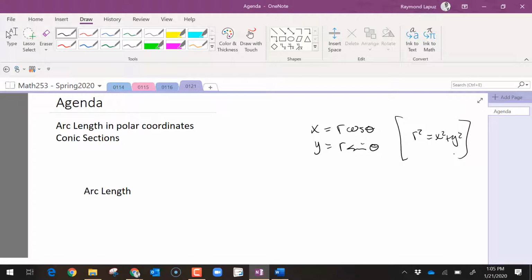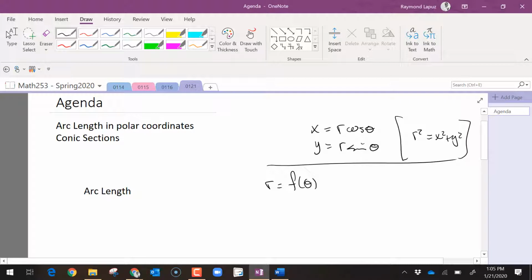But anyways, I think our approach was to transition your polar coordinate graph into parametric form.